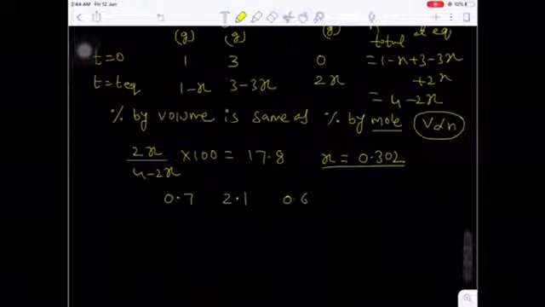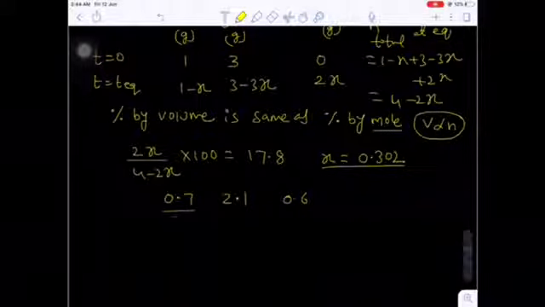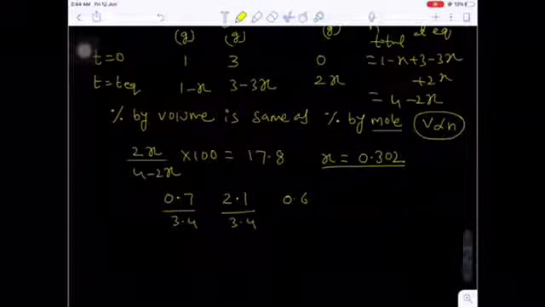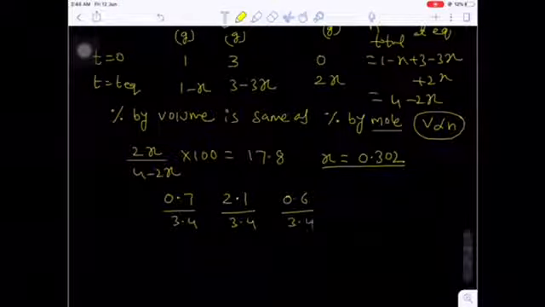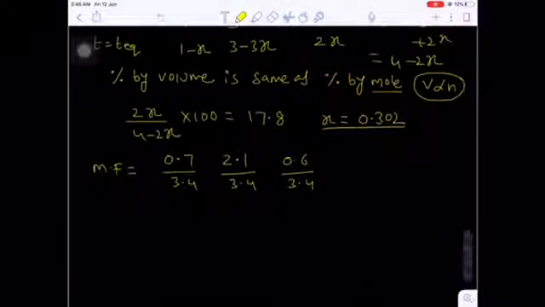Total moles 4 - 2x, where x is 0.3, gives 3.4. So finally you are getting what?